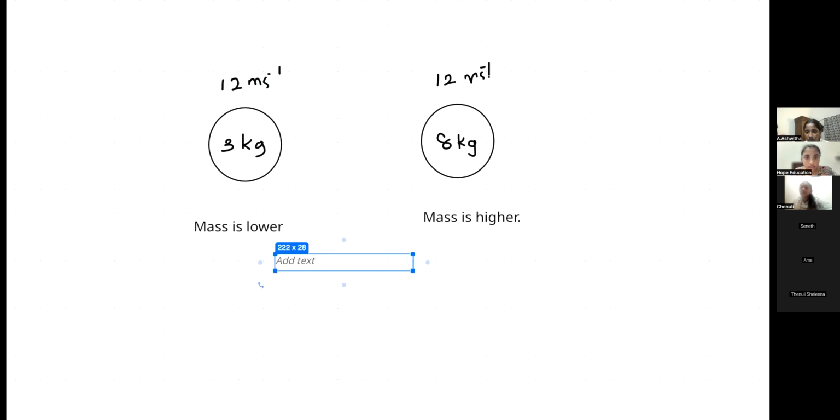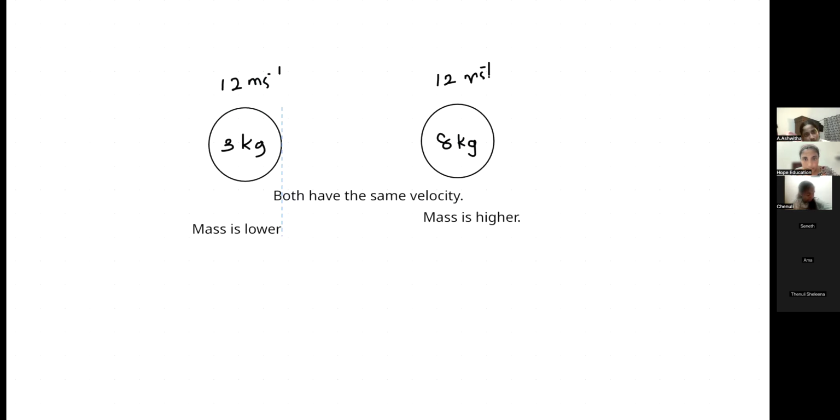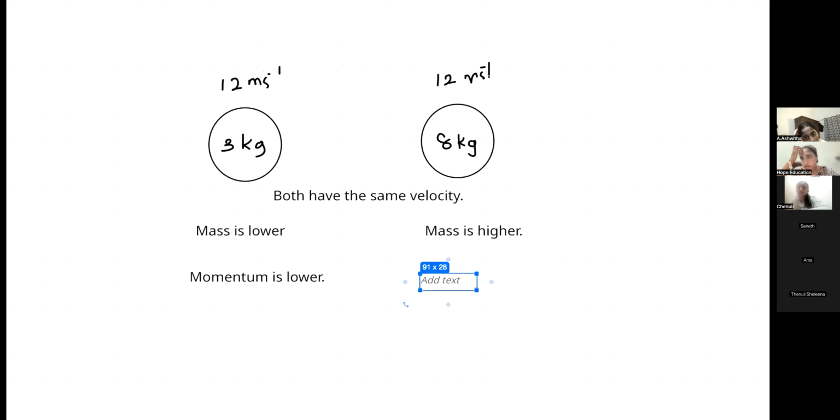Because of that, this one's momentum is lower and this one's momentum is higher, right? Something that we discussed last week.